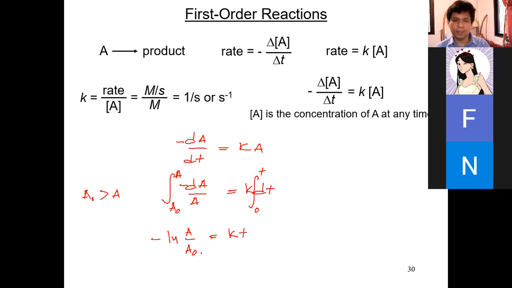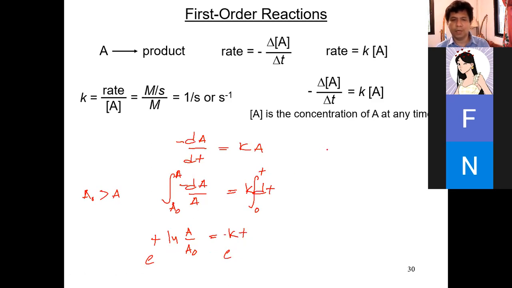Para sa usual, standard form nitong equation, you get the anti-natural logarithm of both sides, ang e. You can transpose this negative sa kabilang side.